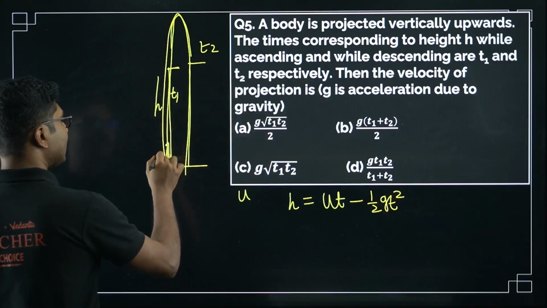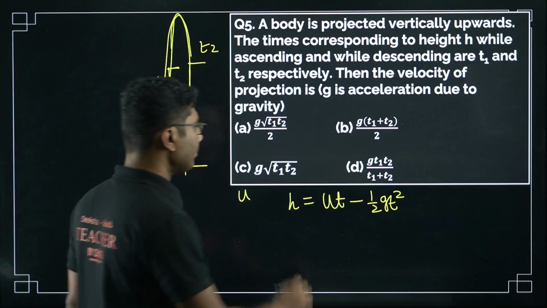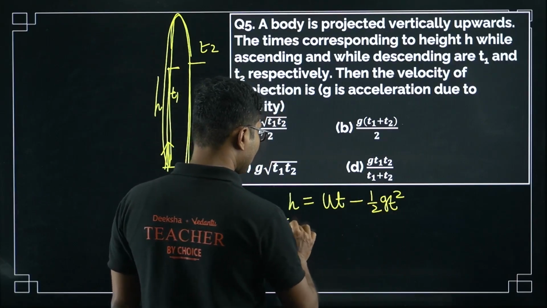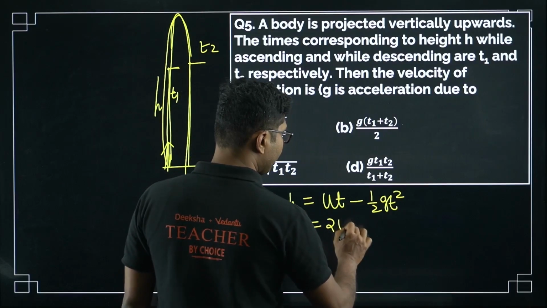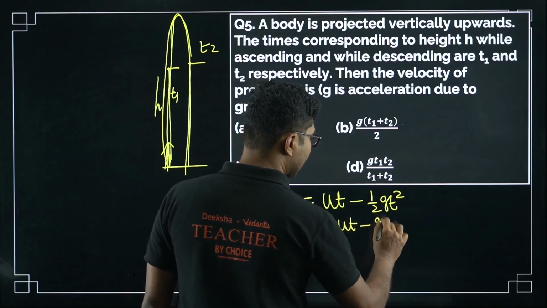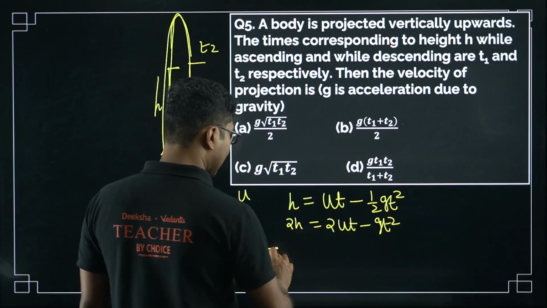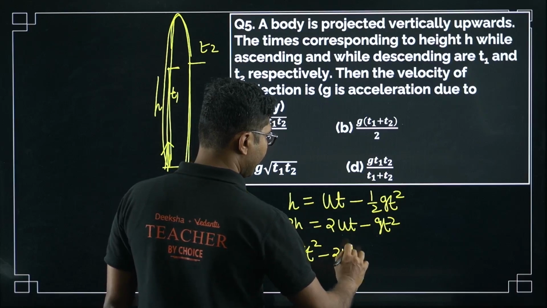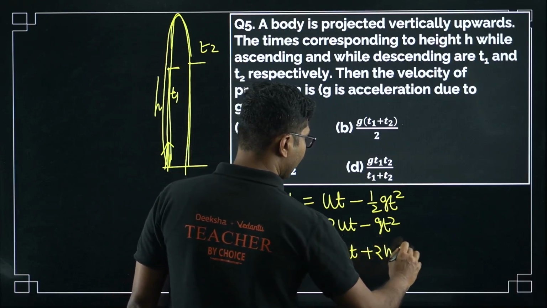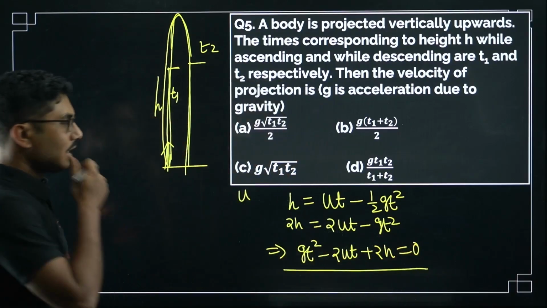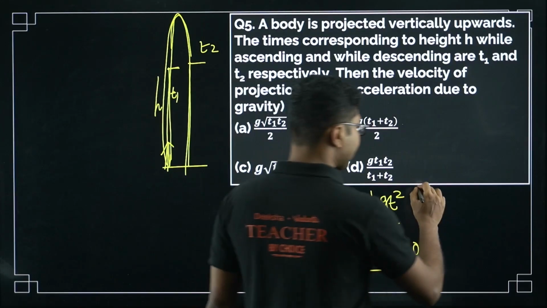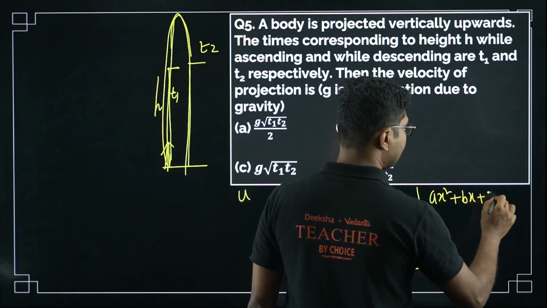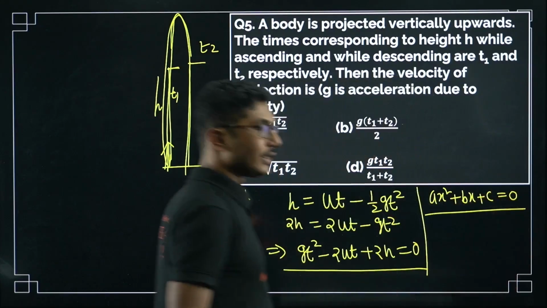Or I can write this as 2h equals 2ut minus gt square, or gt square minus 2ut plus 2h equals 0. This equation is similar to ax square plus bx plus c equals 0, that is, a quadratic equation.